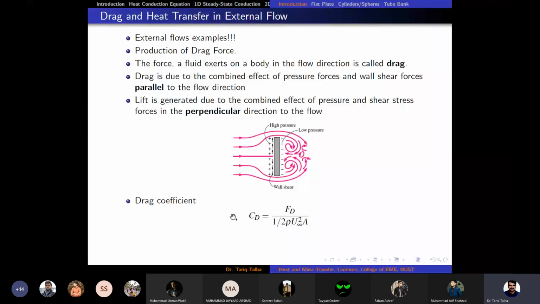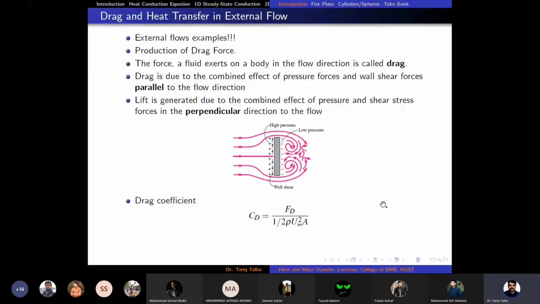The drag coefficient, which we represent with C_D, is the coefficient of drag, equal to F_D divided by half rho U infinity square into area. Hopefully you will come across this formula in your FM2 course as well, in the chapter on external flow very soon.